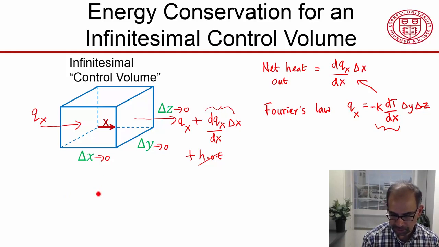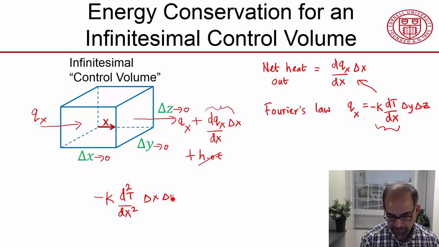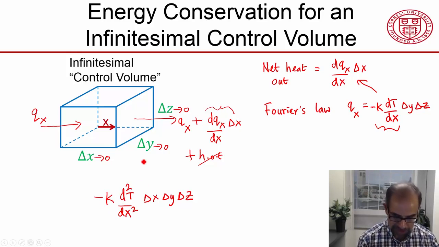So you're going to get a term that looks like minus k d squared T dx squared, and then you have delta x from here and delta y and delta z from there. This represents a net heat flow through the faces.